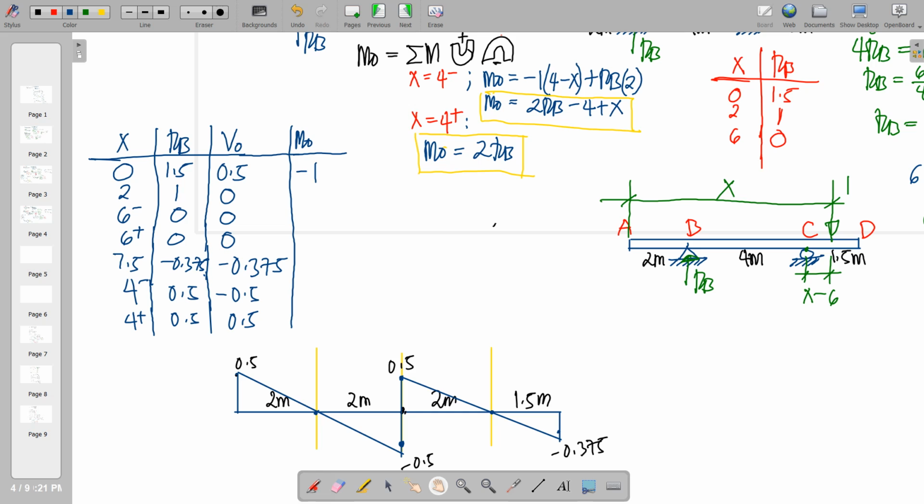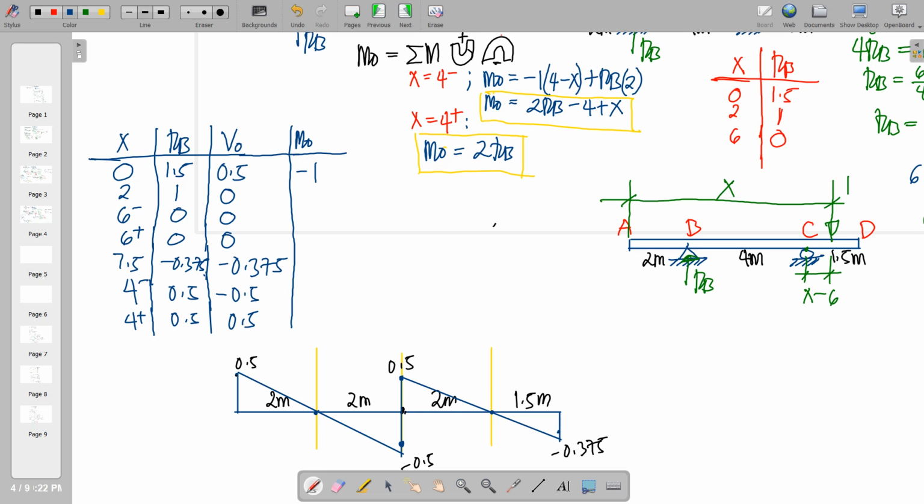And then when x is equal to 2, still we'll be using this equation.